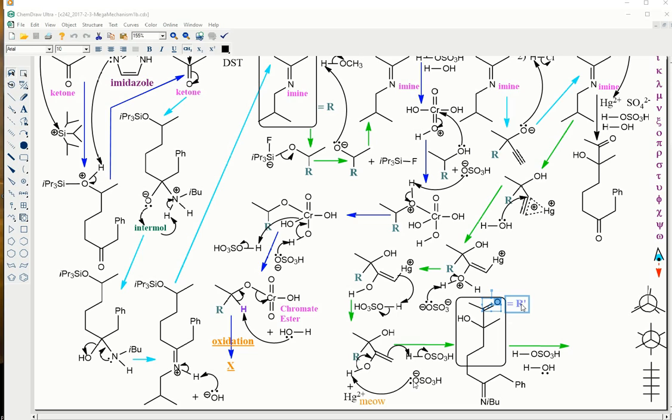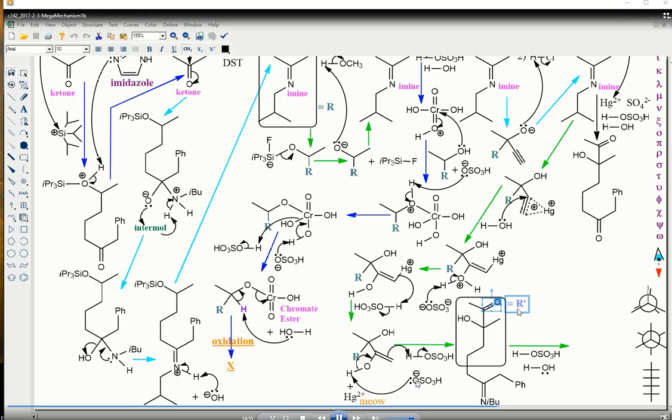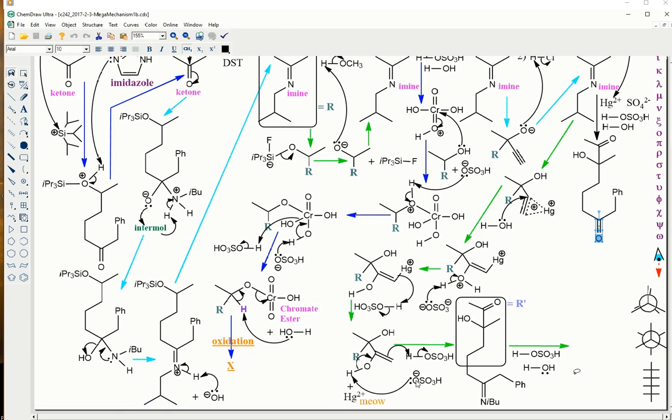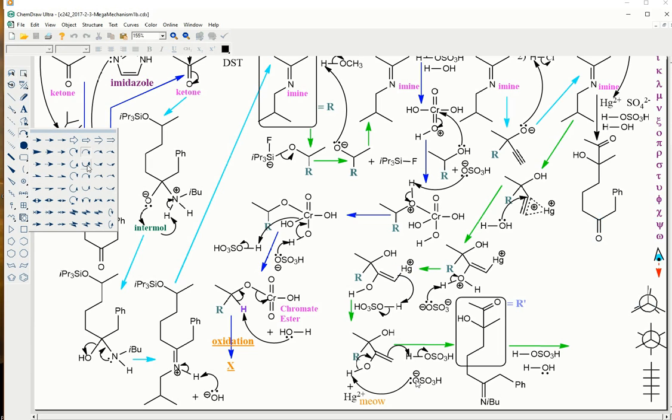I've relabeled R prime. It is now our job to see that the imine is also undergoing a hydrolysis reaction under the same conditions of the oxymercuration protonolysis. We are getting our ketone back from the original ketone on the start of our whole scheme here.